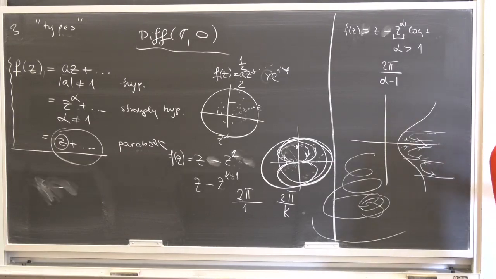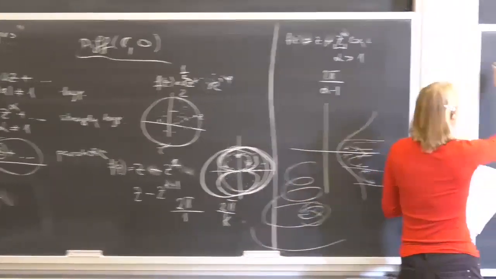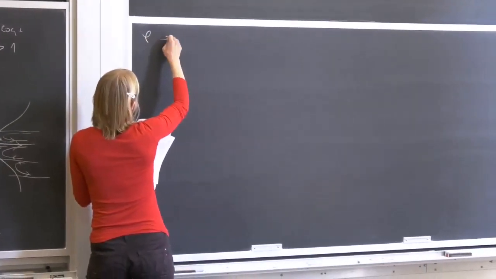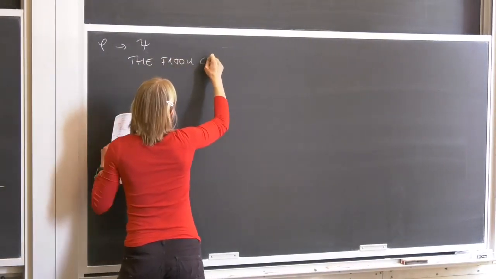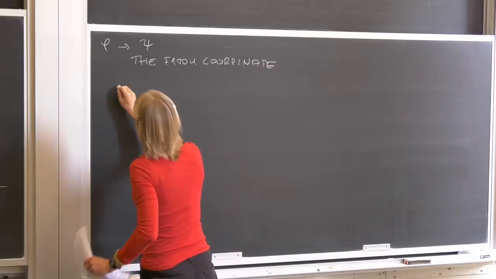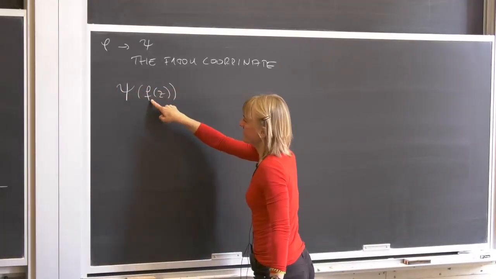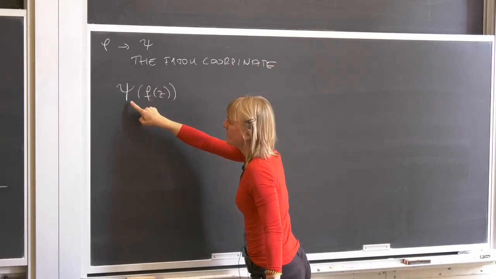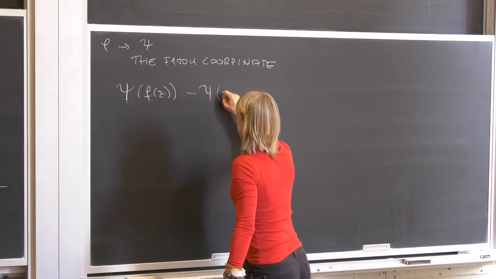It comes back to solving a homological equation. So instead of changing variables, we consider the Petals coordinate. The idea is the following. What's the Petals coordinate? We take either a formal germ or a germ and search for either a germ or a formal thing that satisfies this equation.